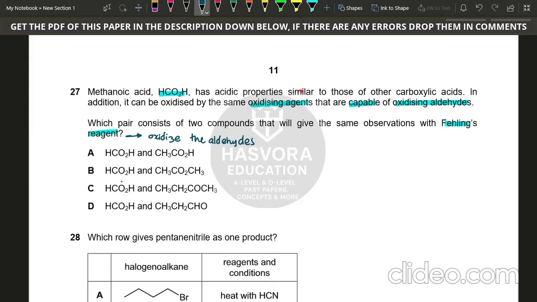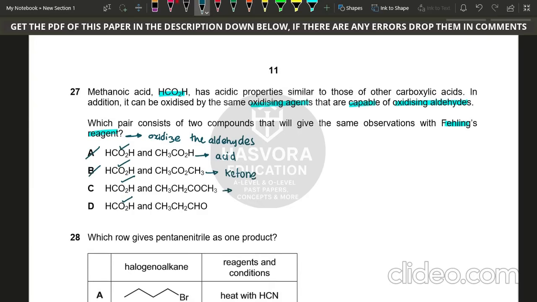Okay, so this is your methanoic acid. Okay, and let's see where is your aldehyde. Now here, this is actually your carboxylic acid. Okay, so this will be incorrect. Now this is actually your ester. Okay, or you can say actually it is your ketone. Okay, sorry for that, it is your ketone. So this will also not be your answer.